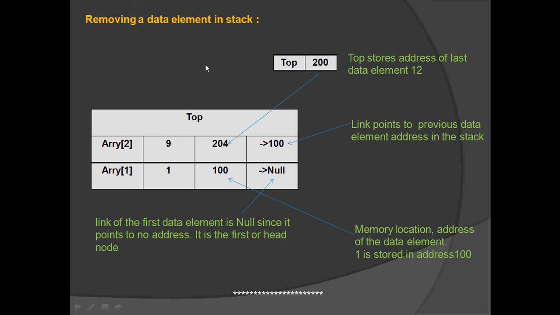Clear? As you keep on popping data elements from the stack, the top element will also keep moving one step down, and it will store the address of that top element. Clear? This way you can empty out the stack using a linked list also.